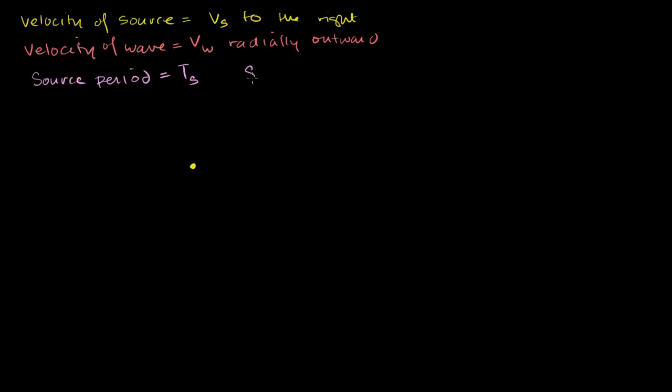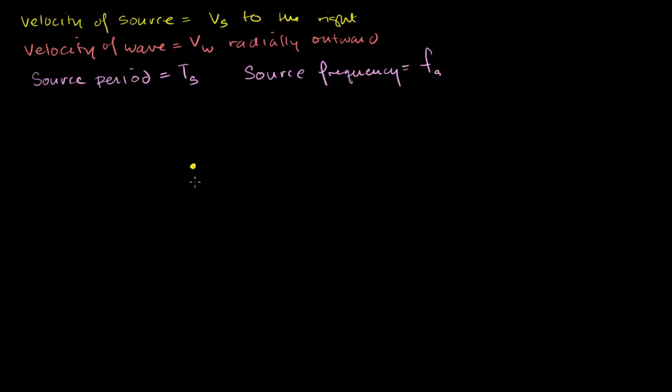And the source frequency, which is the inverse of this, we'll call it f sub s. And these two things are the inverse of each other. The inverse of the period of a wave is its frequency, vice versa.